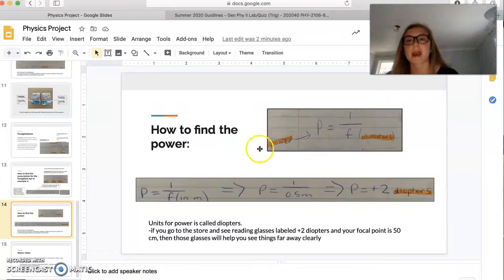So this changes the power because now the power, when we take the inverse of 0.5 meters, is plus 2 diopters. So this means that if you go to the store and see reading glasses labeled plus 2 diopters, this means your focal point is 50 centimeters, and those glasses will help you see things far away clearly.